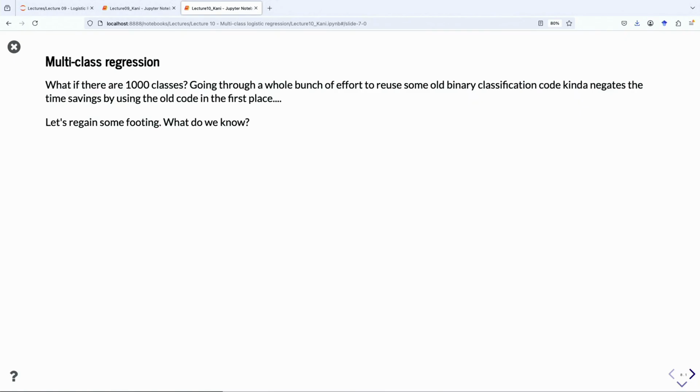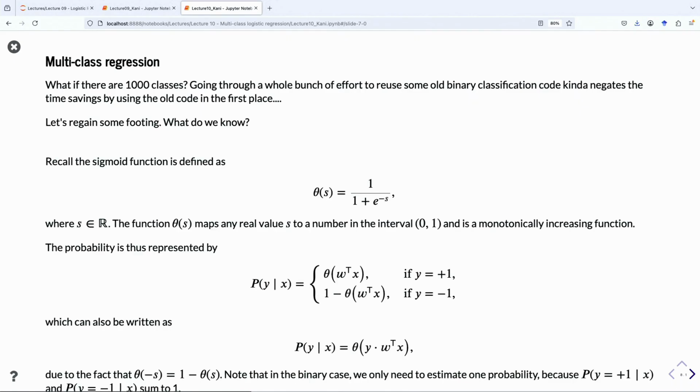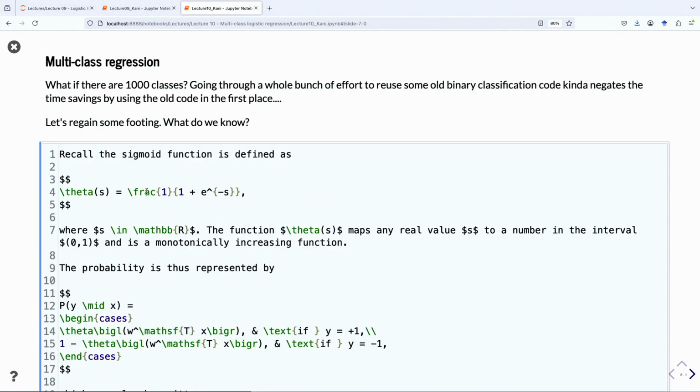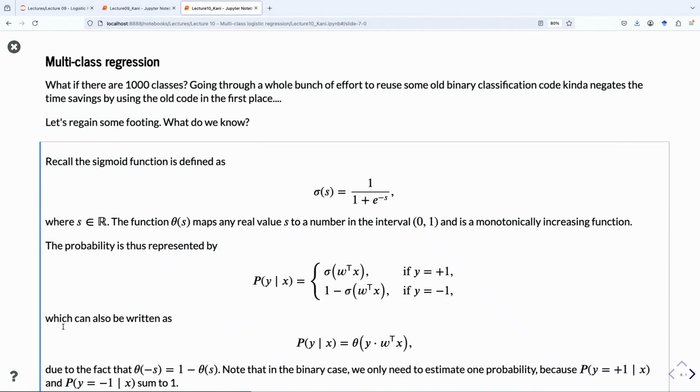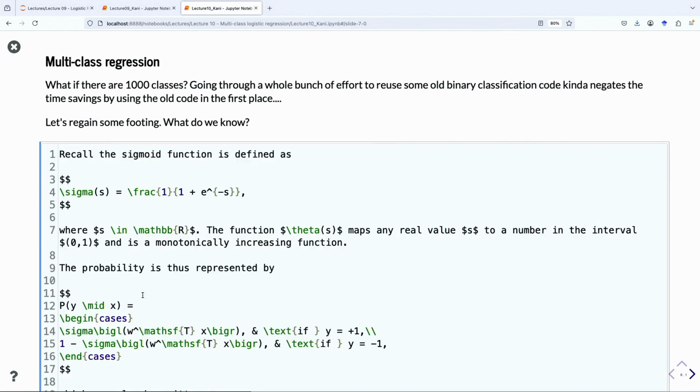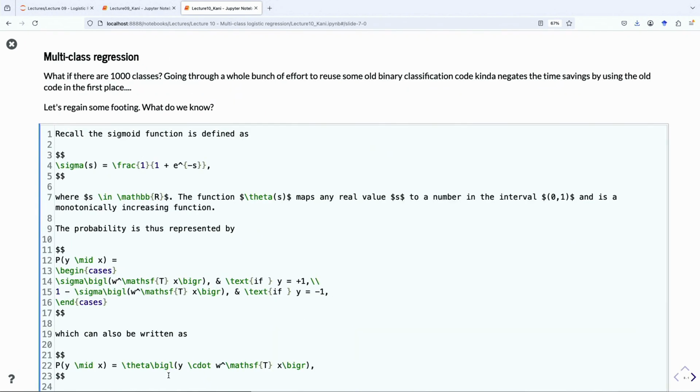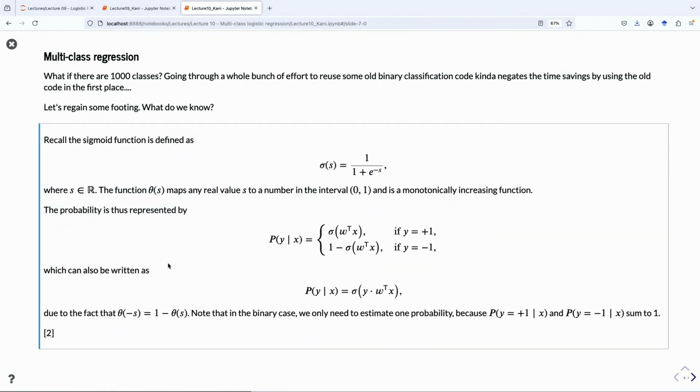Okay, so let's regain some footing. What do we know? Basically, we know that the sigmoid function, and this should have been sigma. Yeah, there we go.